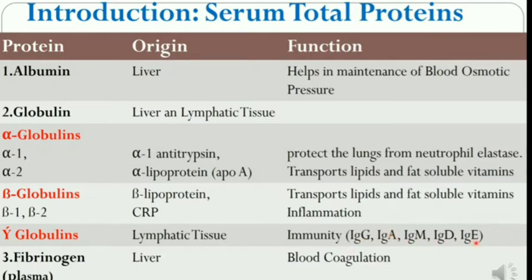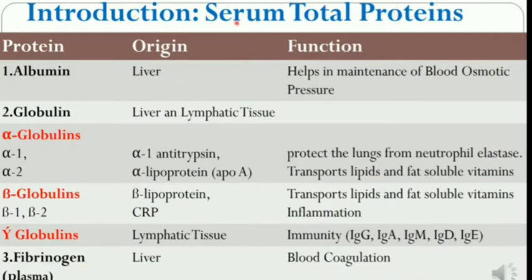They provide us immunity. Now, if instead of serum we take plasma, then there is a third fraction apart from albumin and globulin, which includes fibrinogen. And this fibrinogen protein is also synthesized in the liver and it plays an important role in coagulation.